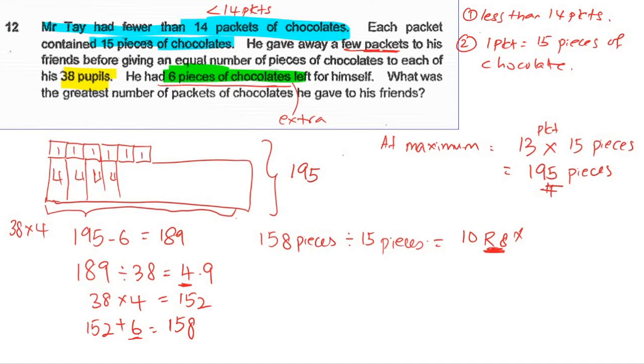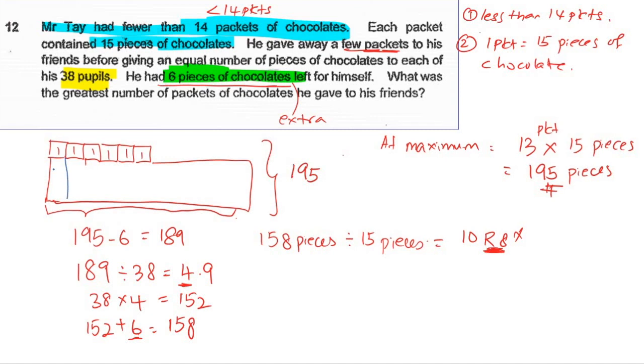Then let us think, since here it is 4.9, maybe I need to give fewer because I have remaining. Let me try giving fewer, so I can pack more into packets without having any remaining. So this time I give 3.